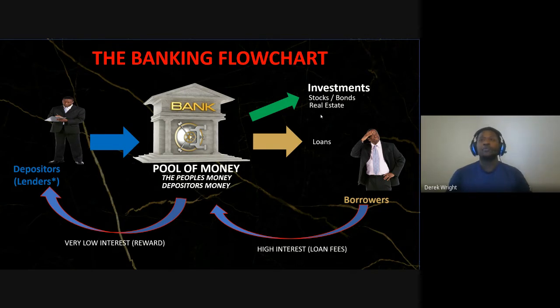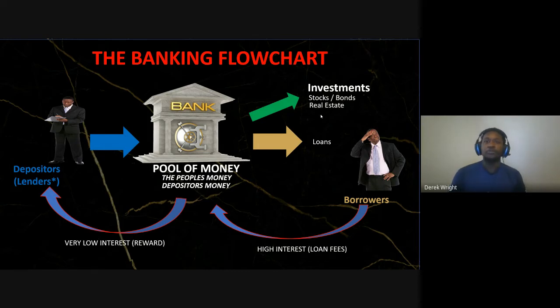Banks are amazing. But as far as building cash flow and cash accumulation, banks might not be the best vehicle, in my opinion, for building your money, unless you're a billionaire.